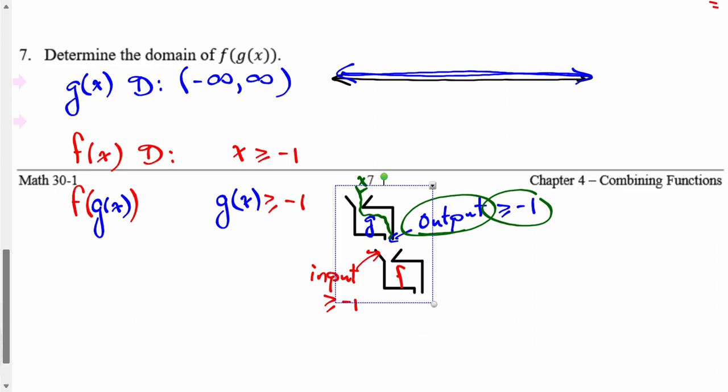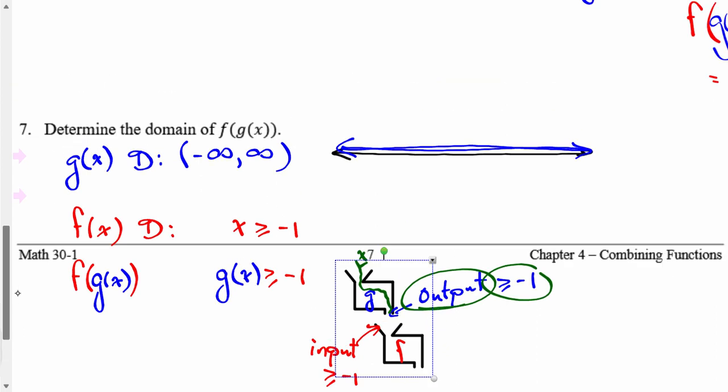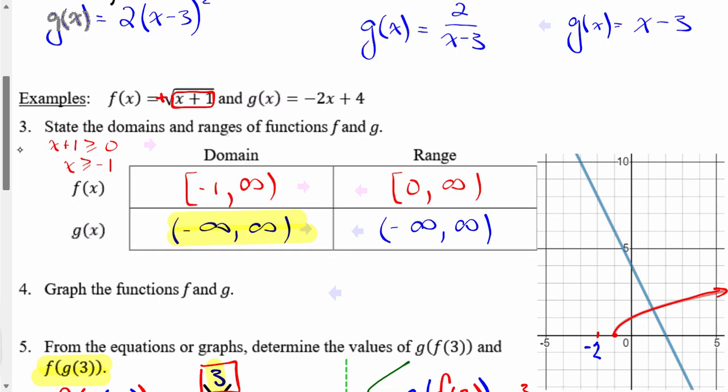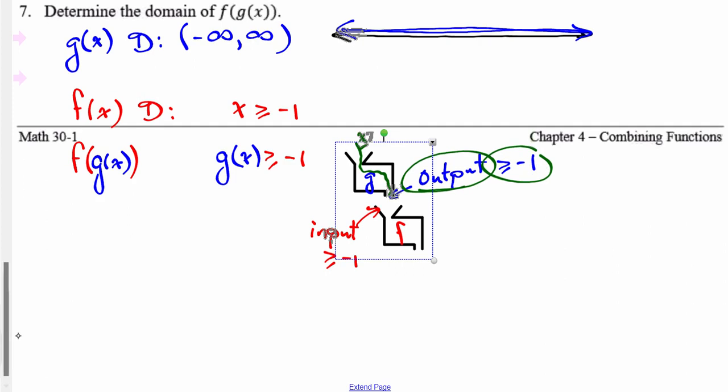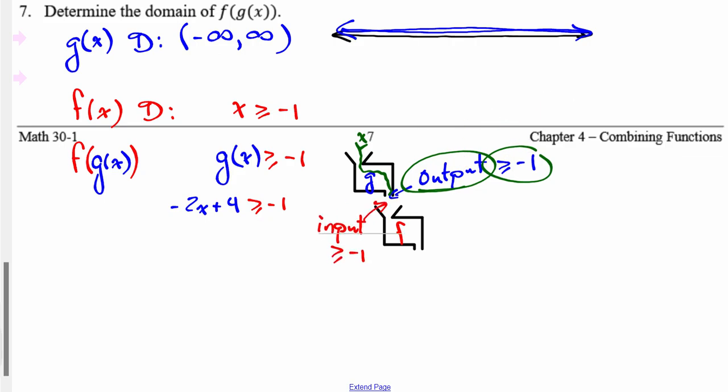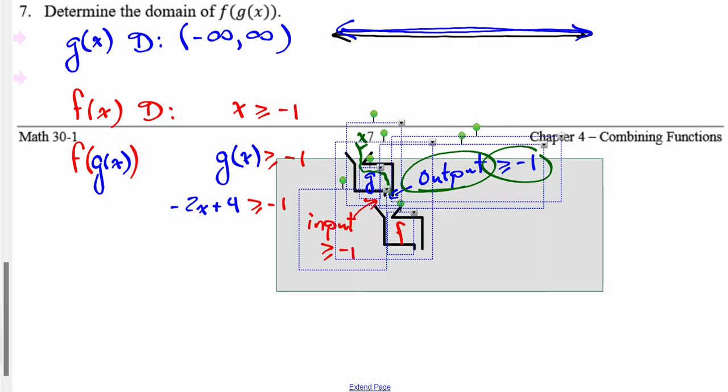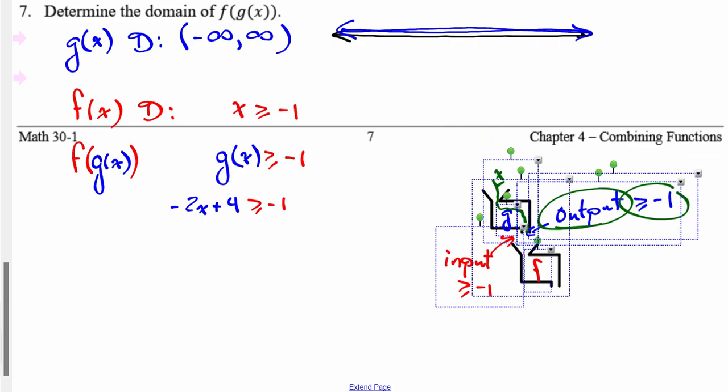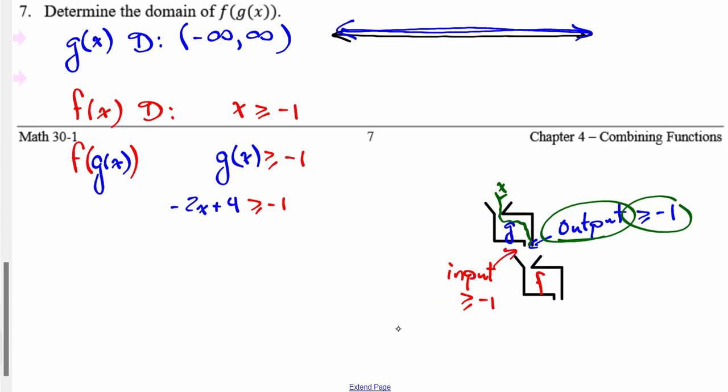So what I do is I take my g of x function, which was equal to -2x plus 4, and say that has to be greater than or equal to -1. Let me take this and move it to the side over here.